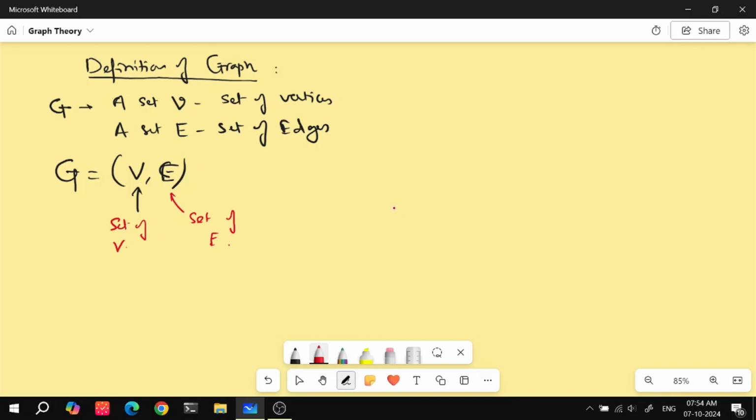And if you see individually what V does, V is a non-empty set of vertices, and E is a set of ordered pairs.